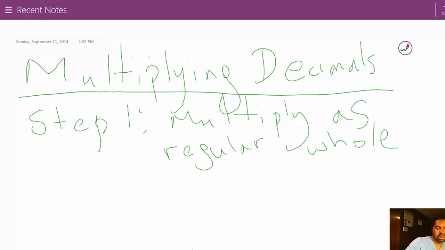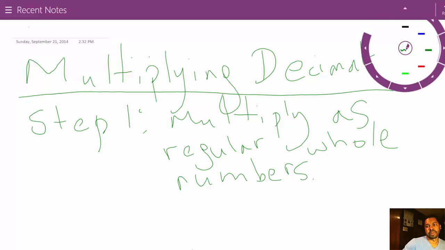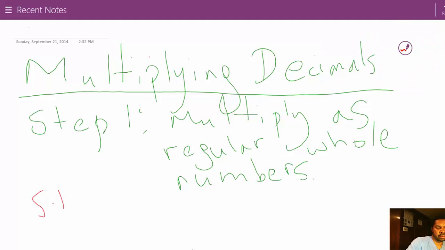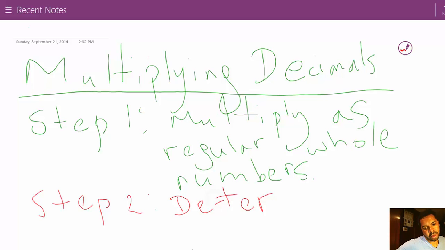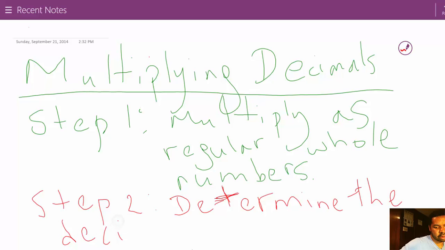And step 2, determine the decimal places and apply them.